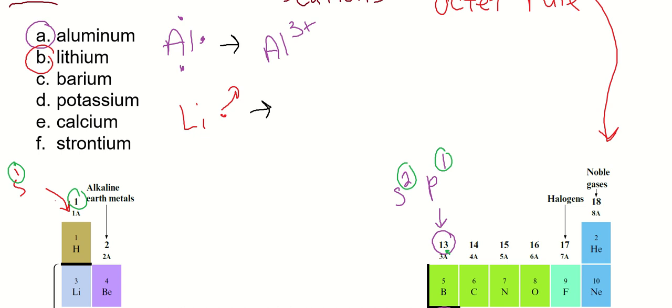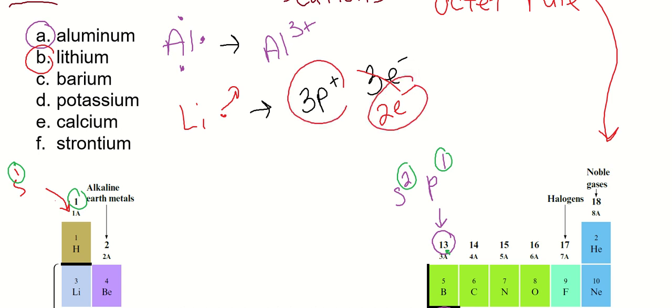Well, think about this a different way. Lithium has 3 protons. It usually has 3 electrons. Well, it just lost 1 of these, and now it's down to 2 electrons. So now what's the balance here? Got 3 positives, 2 negatives. The overall charge is 1 positive. So there's your answer for lithium.